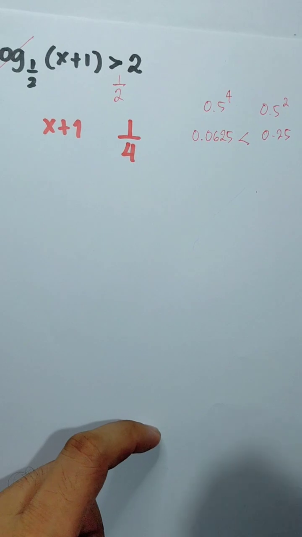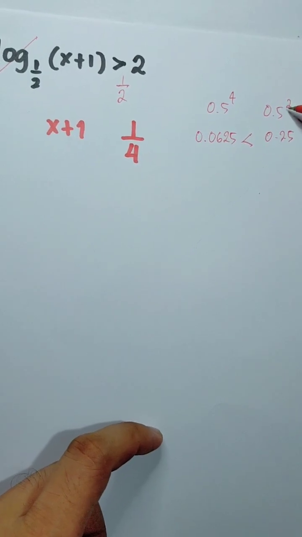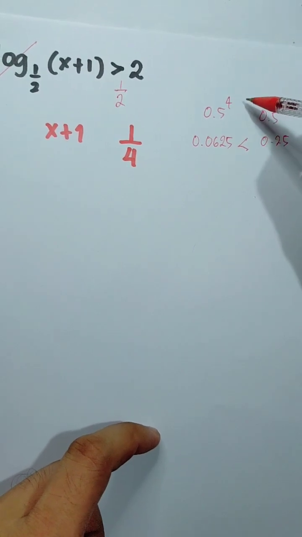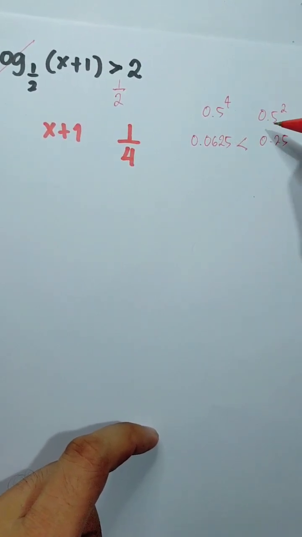The one with a smaller exponent will be greater than the one with a bigger exponent if our base is less than 1.